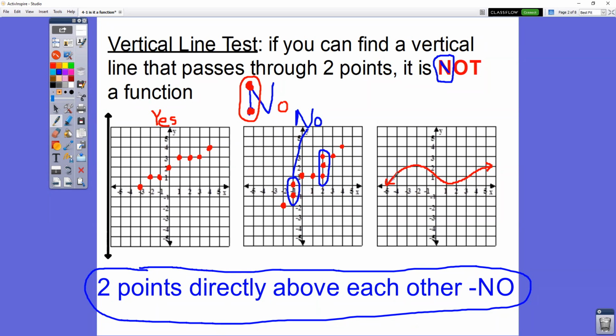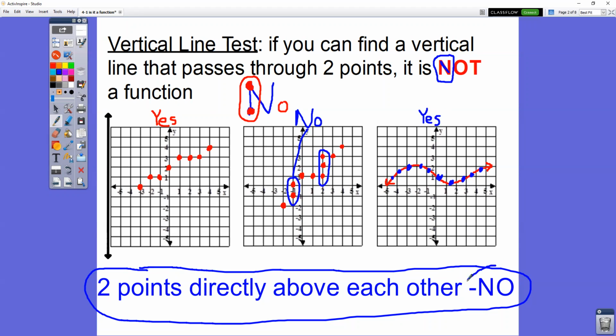It looks like a solid line, but there's really dots all along it. Is there anywhere along the squiggly line where there's 2 dots directly above each other? No, there's not. Therefore, our answer is yes.